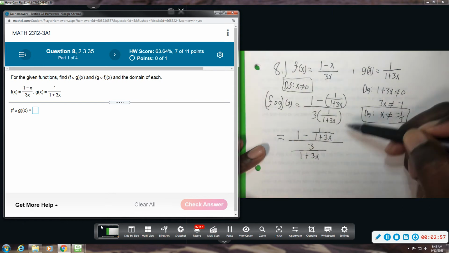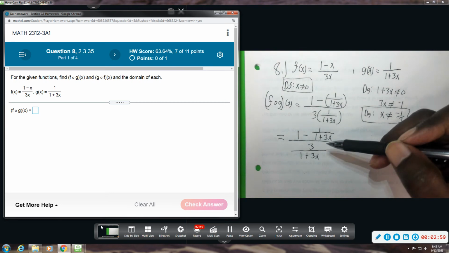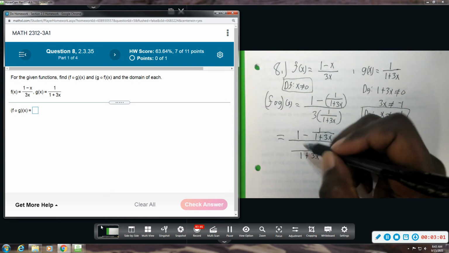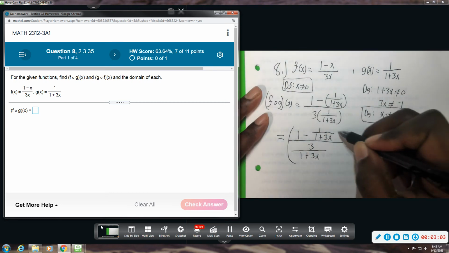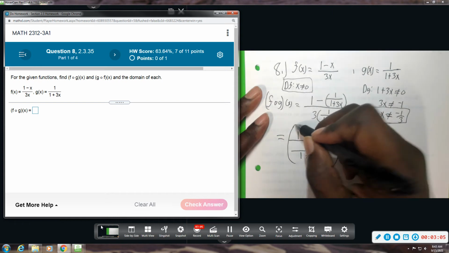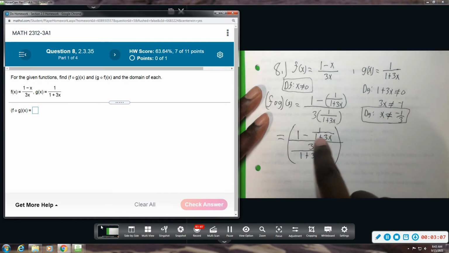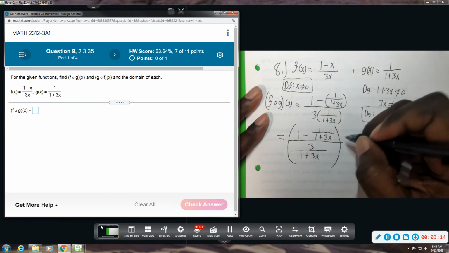So we have a fraction in the top, and a fraction in the bottom. Again, to solve these, we want to multiply by the common denominator. So there's a denominator in the numerator, it is 1 plus 3x. The denominator in the denominator is 1 plus 3x. It's the same. So that is my common denominator.